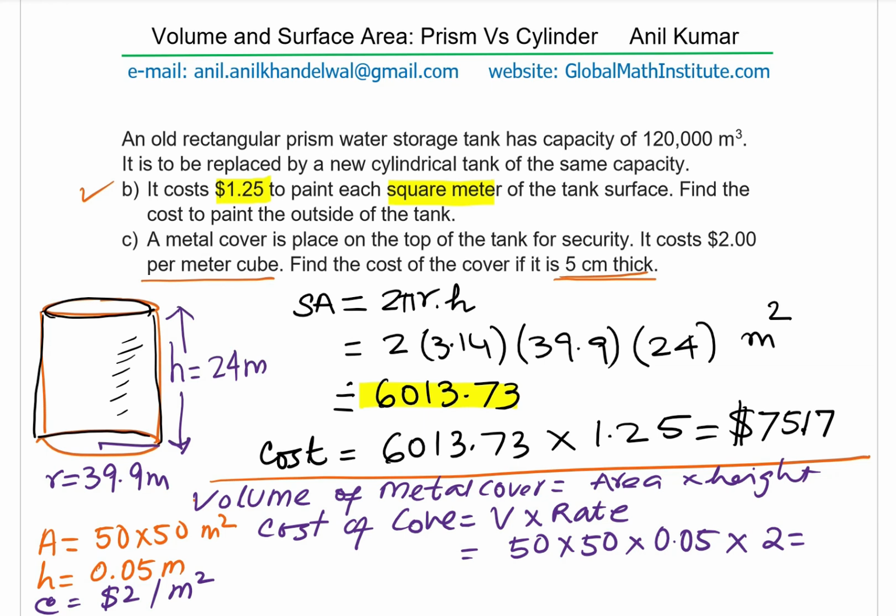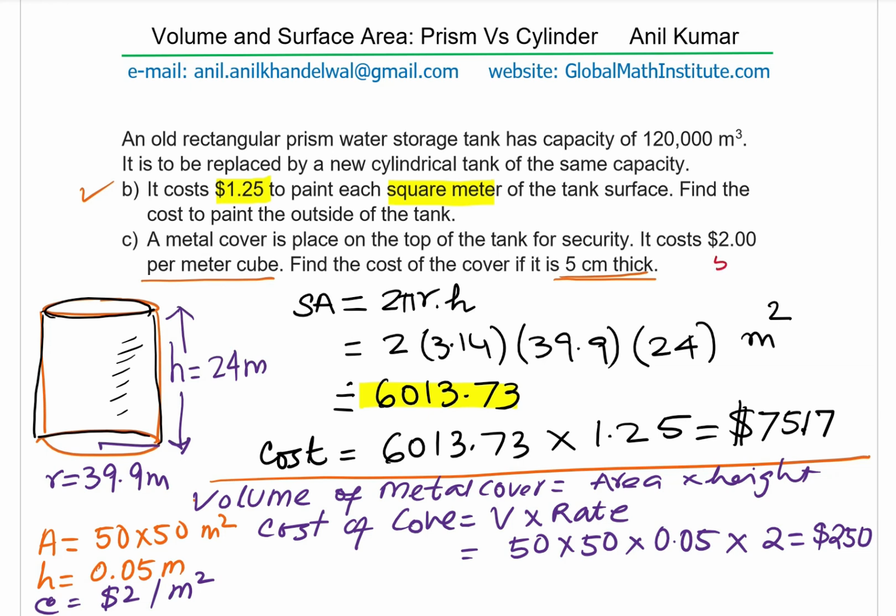So let's use the calculator once again. 50 times 50 times 0.05 times 2 equals 250. So we get the cover cost in dollars as $250. Correct?